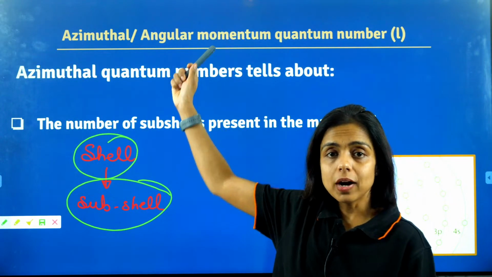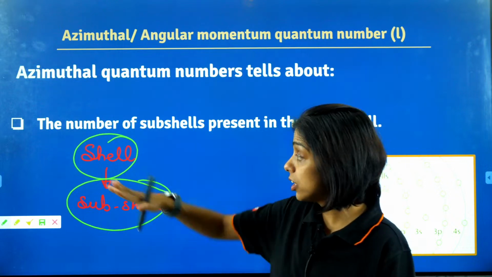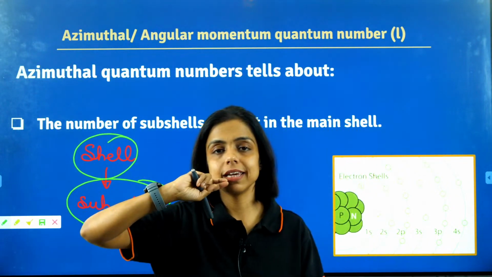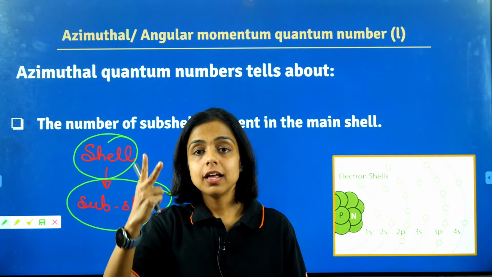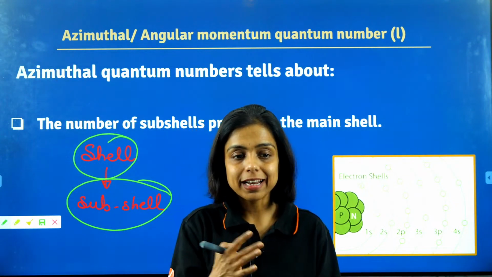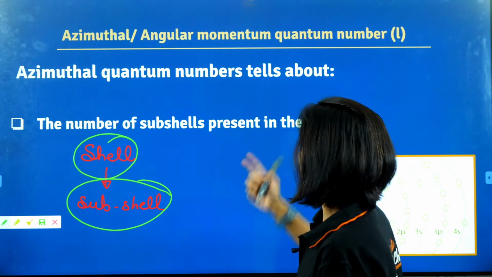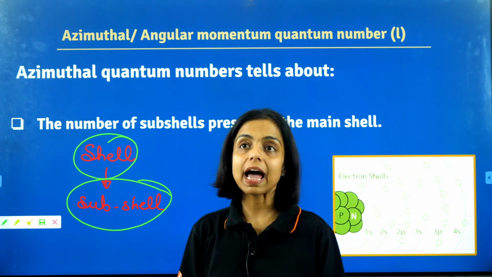So this particular quantum number l tells us about the subshell. We reached the shell. So my electron is say in n equal to 2, second shell. Now which subshell of the second shell, right?